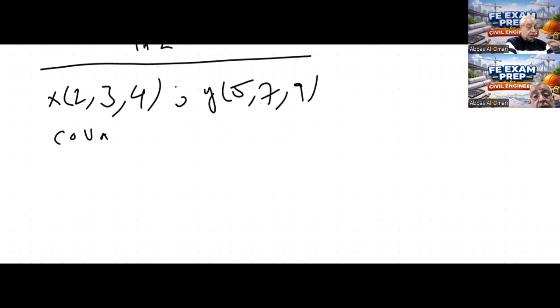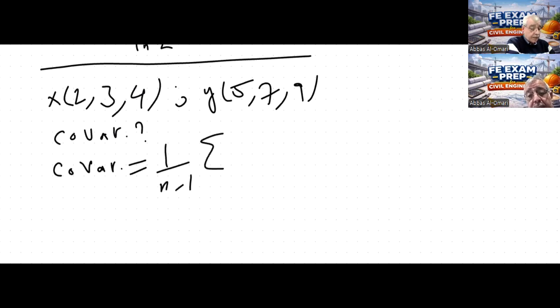The formula for the covariance equals 1 over n minus 1 times the sigma of xi minus x bar multiplied by yi minus y bar.